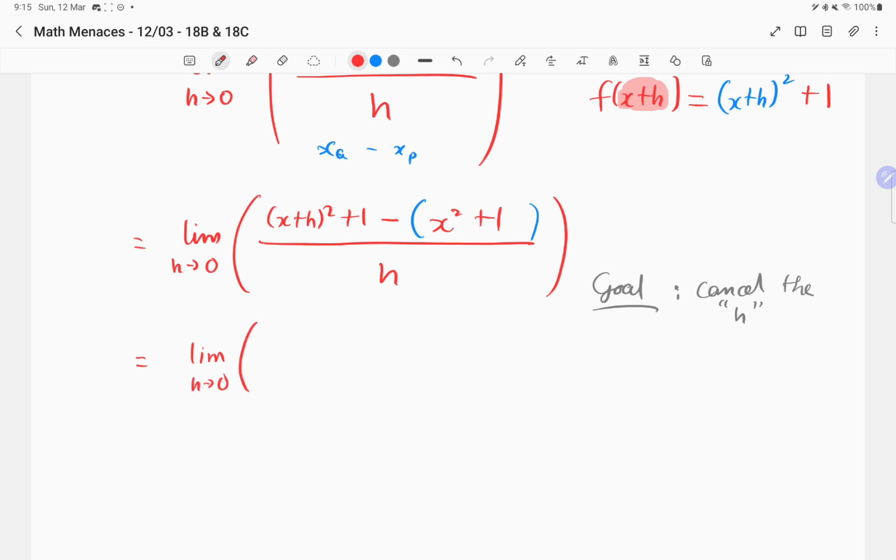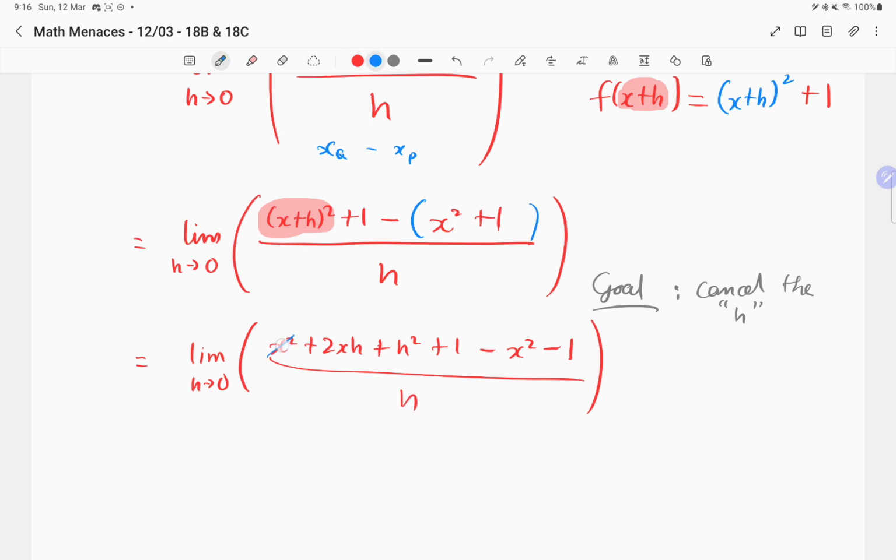What's x plus h everything squared expanded, Sarah? Expand this term here. x squared plus 2xh plus h squared. Yes, perfect. And then plus 1 and then minus x squared minus 1. Because remember when you open the brackets, the negative will distribute into each of the terms, and everything is over h.